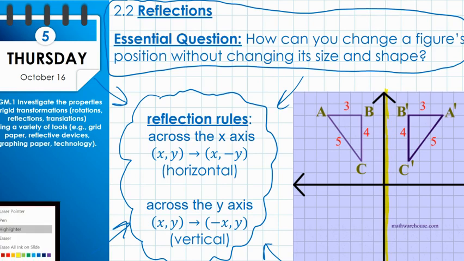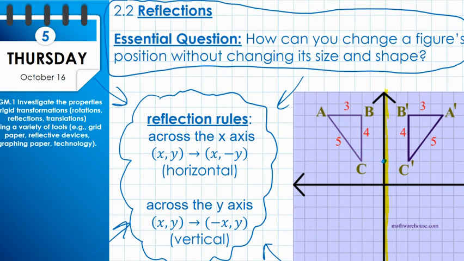As we investigate a little bit further, if you look at the line of reflection, we have 1, 2. It's 2 units away from the line of reflection. So when we reflect it, it remains 2 units away. B to B prime, again, both of those are 2 units. So from the line of reflection, 1, 2. B prime is 1, 2.